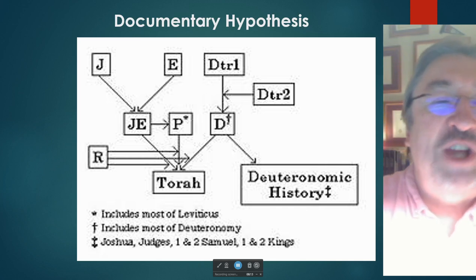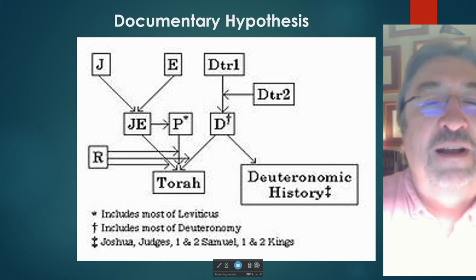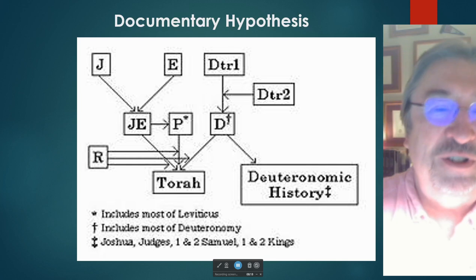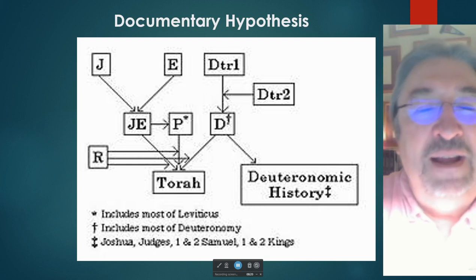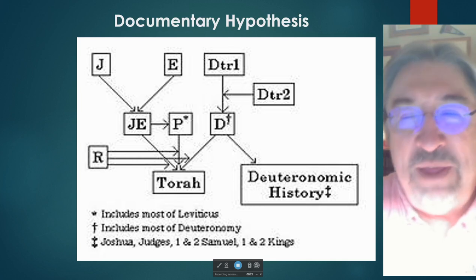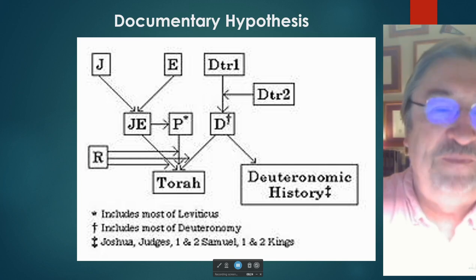Then the J and E, along with the P source, were combined into the Torah with the Deuteronomic source. Okay.